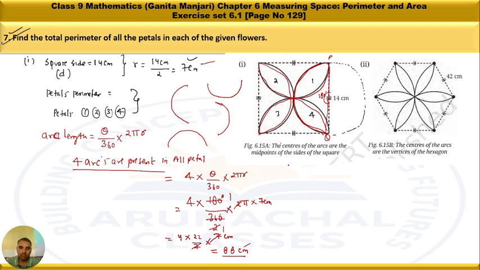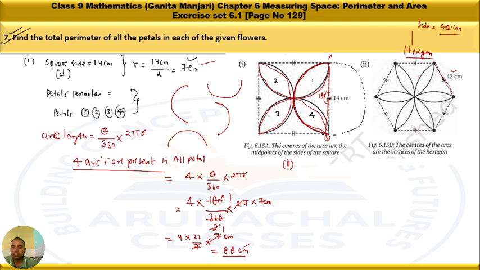Now let us go for the second part of the question. In the second part, here we have the hexagon, figure 6.15b. The hexagon side is given as 42 centimeter in length.